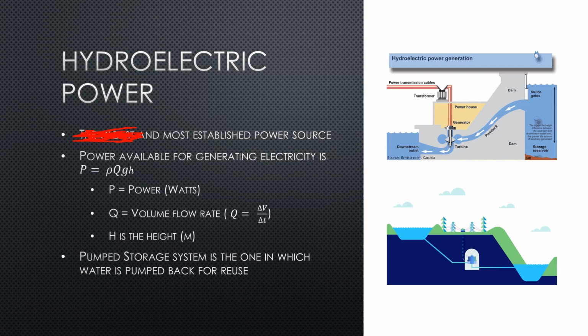So that's not really good, is it? So we're going to use something called a pumped storage system, in which basically water is pumped back between two reservoirs, and so water is reused.